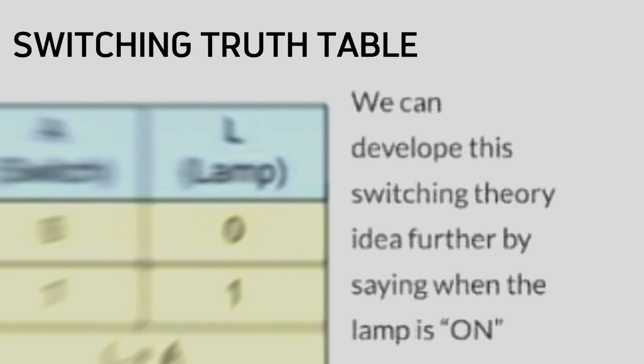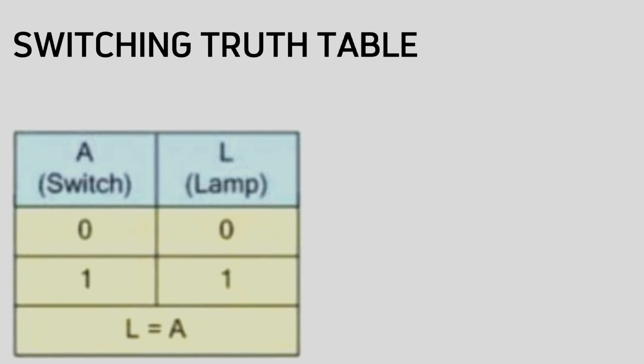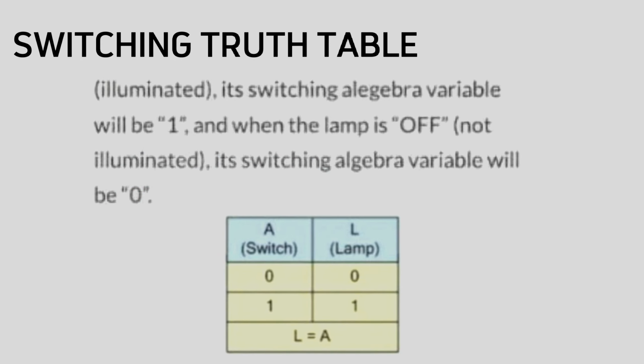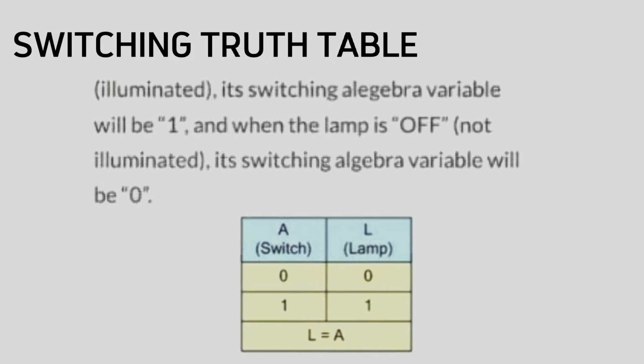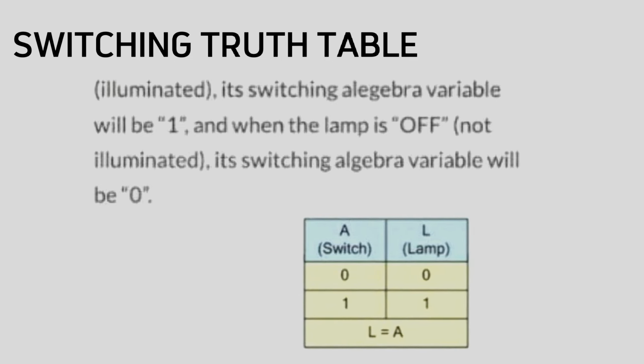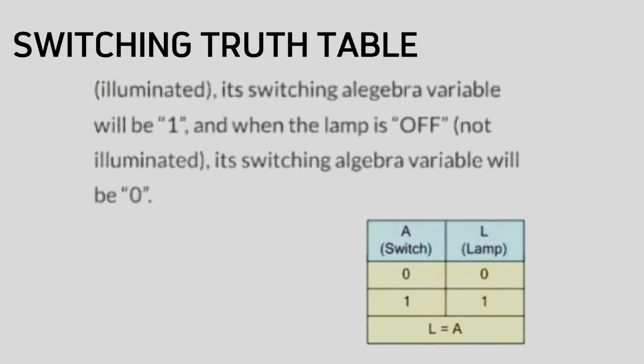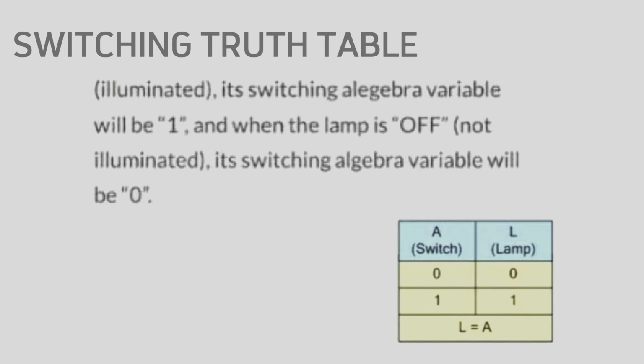Switching truth table. We can develop this switching theory idea further by saying when the lamp is on or illuminated, each switching algebra variable will be 1, and when the lamp is off or not illuminated, each switching algebra variable will be 0.